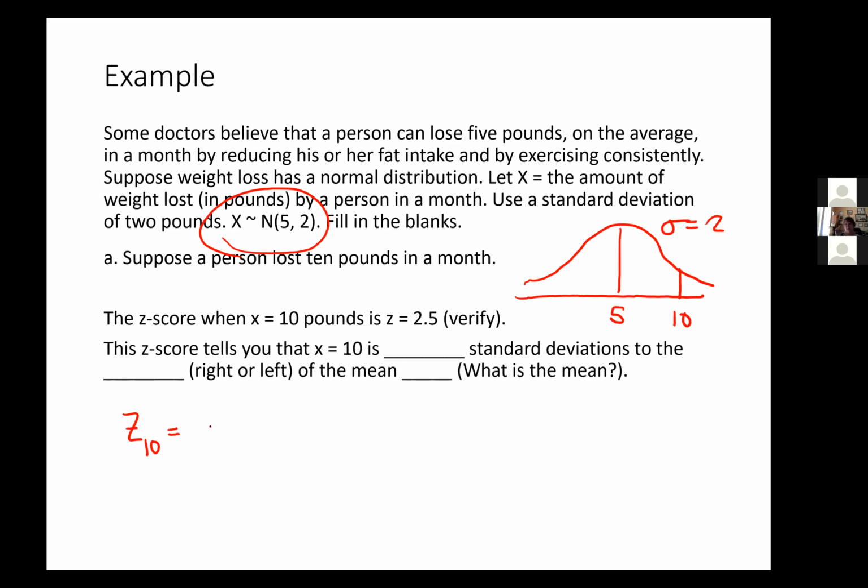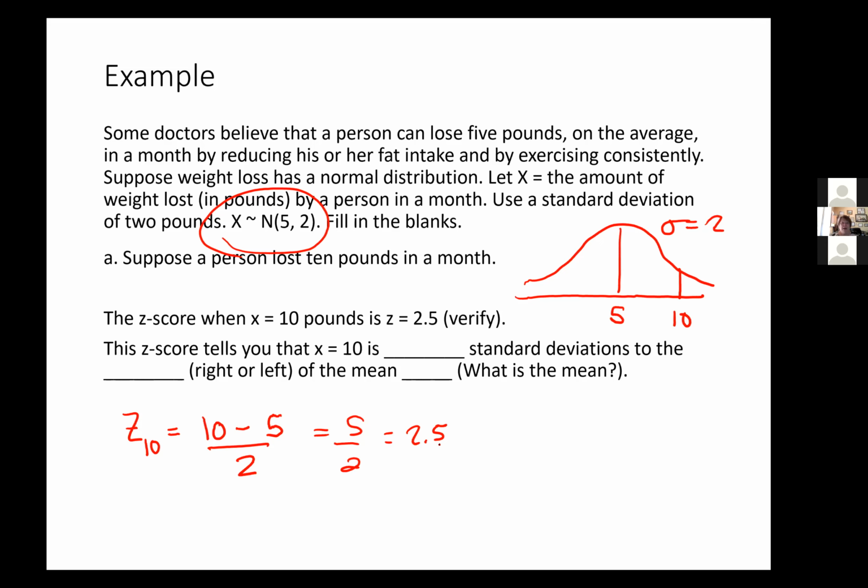We take the data value, which is 10, we subtract the mean, and we divide by the standard deviation. And that's 5 over 2, which is 2.5. So 10 pounds is 2.5 standard deviations above the mean. So you're losing 2.5 times more than the standard deviation.